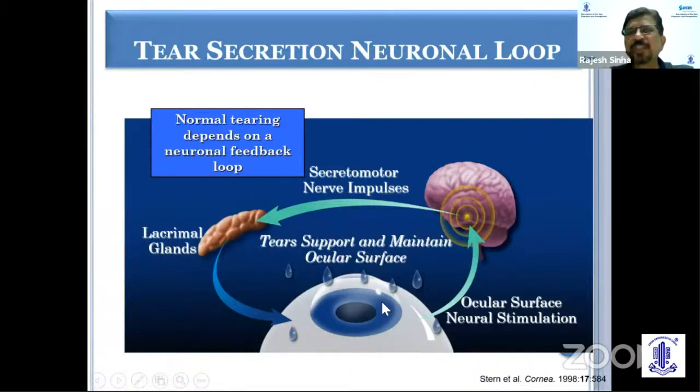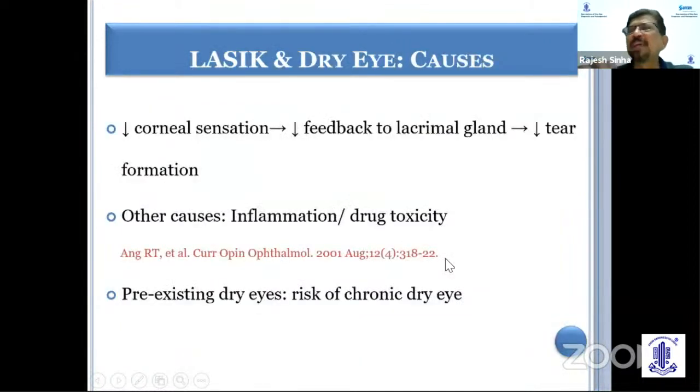But if the nerves which are sending the signals to the brain are transected or damaged, the whole loop gets affected, and there is a reduction in tear secretion. So in LASIK, wherein we create a flap, we cut the nerves, there is reduced corneal sensation and decreased feedback to the lacrimal gland, and that is why there is reduced tear formation.